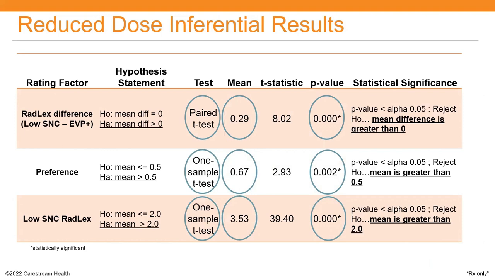Equivalence testing using pairwise RADLEX ratings resulted in equivalence being demonstrated at a p-value of 0.00 for both ends of the equivalence interval. And it is reasonable to state that the low dose images with SNC yields image quality that is as good as or better than nominally exposed images with EVP Plus alone.